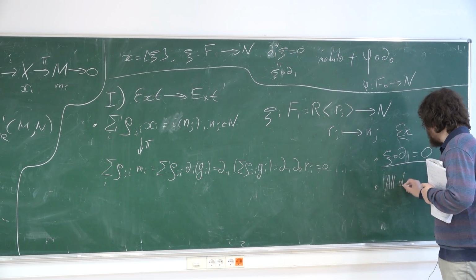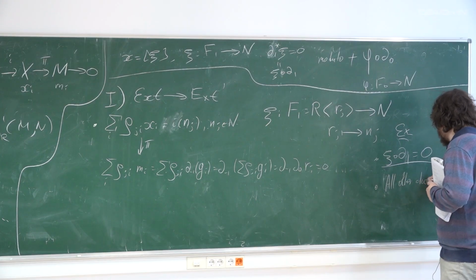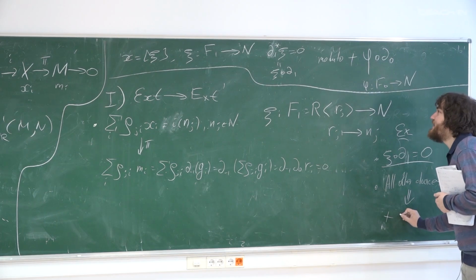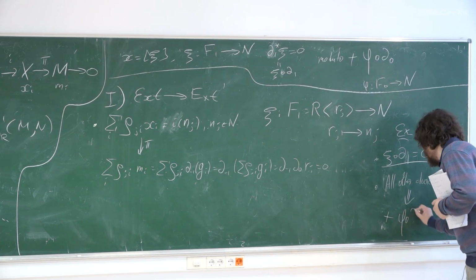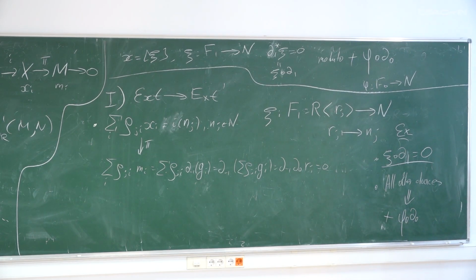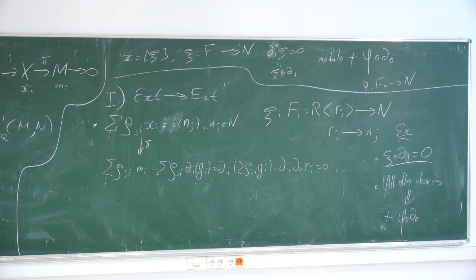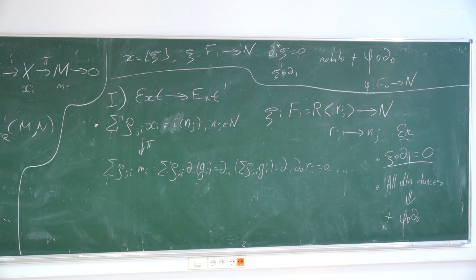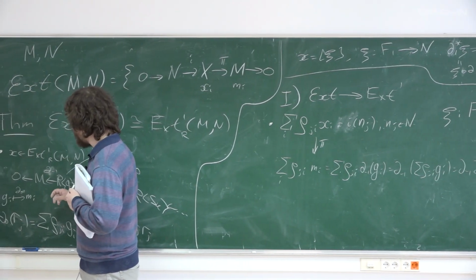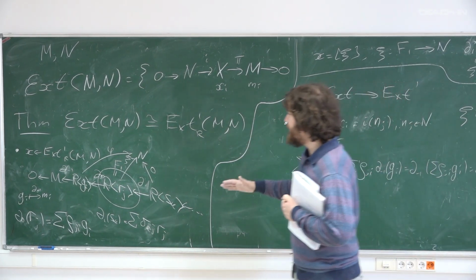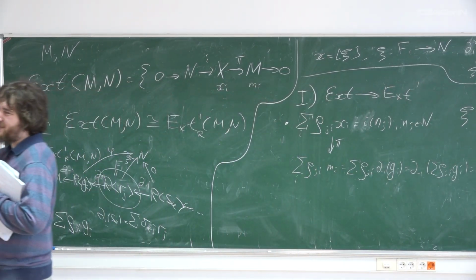All other choices go to plus boundary, plus something like phi composition with d0. No, it's because you need to check that if you consider some other generators and some other bases here, then you really obtain plus boundaries. And if you have another resolution, two resolutions are homotopy equivalent.